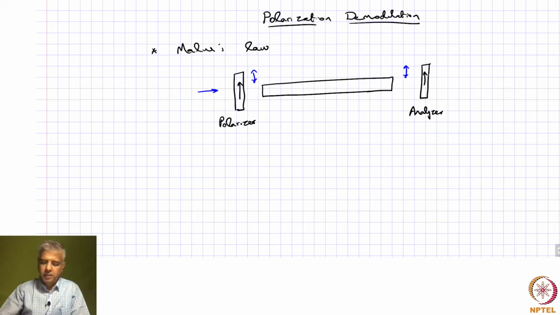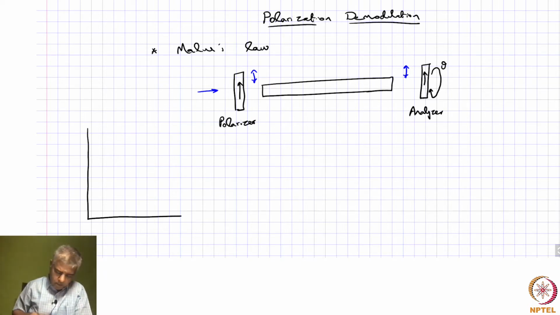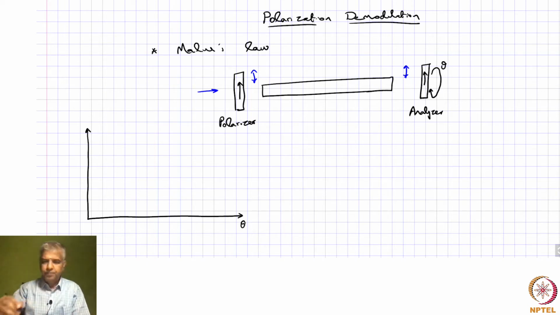Suppose you put it on a mount where you can rotate that analyzer, so you can go through different angles with respect to the polarizer angle. And what Malus's Law tells us is, if you rotate it over angle theta, then you would see the transmitted intensity that you are looking at over here.